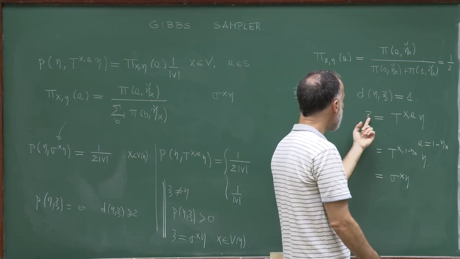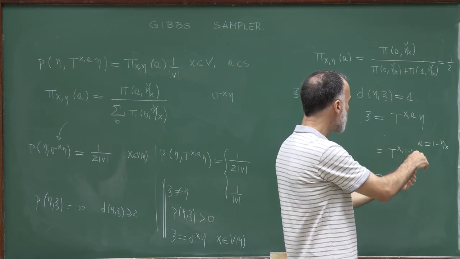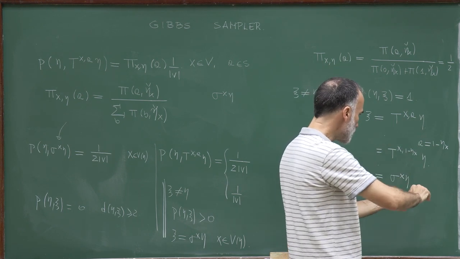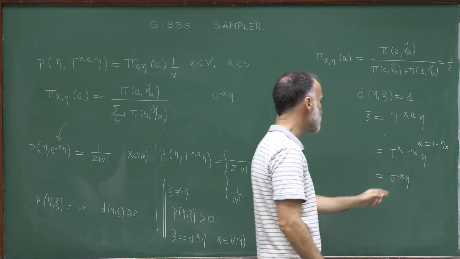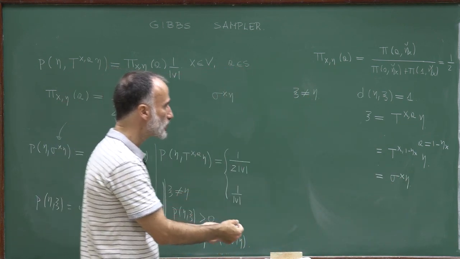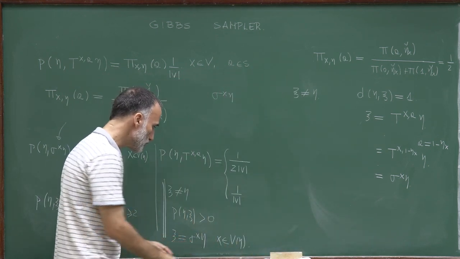So this means that psi is equal to eta everywhere but at one site. And since they are only 0 and 1, this means that psi has to be equal to eta where you flip the site x, the configuration eta at x. So that means that psi is equal to sigma_x eta. So here I just proved this claim.